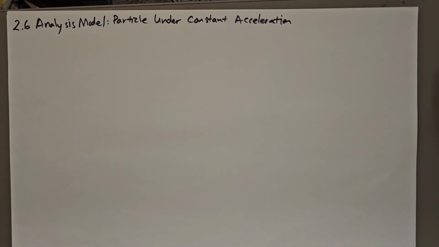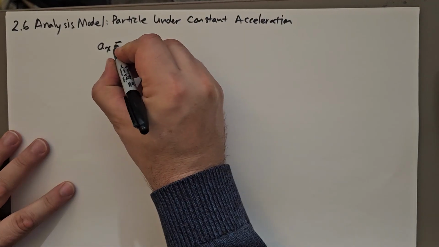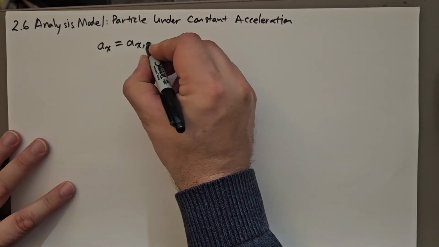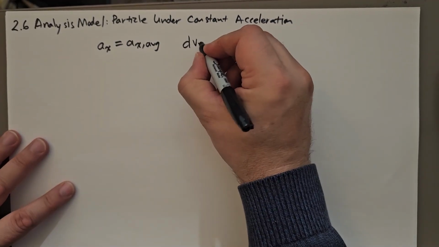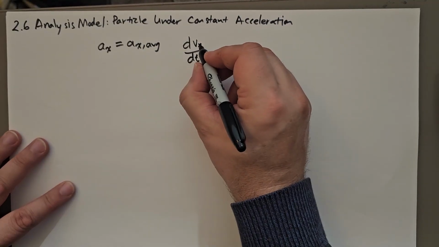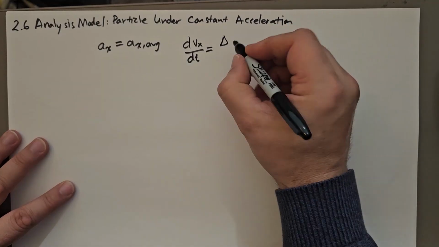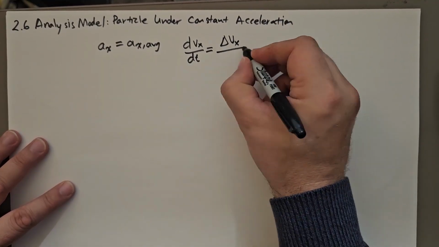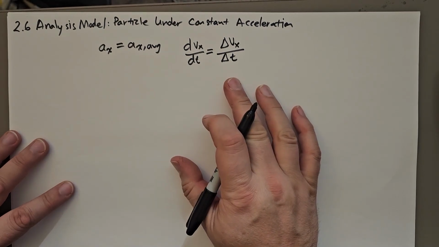So in constant acceleration, the acceleration is always equal to the average acceleration. What that means is the derivative of the velocity in x with respect to time is always equal to the change over longer periods of time, right?